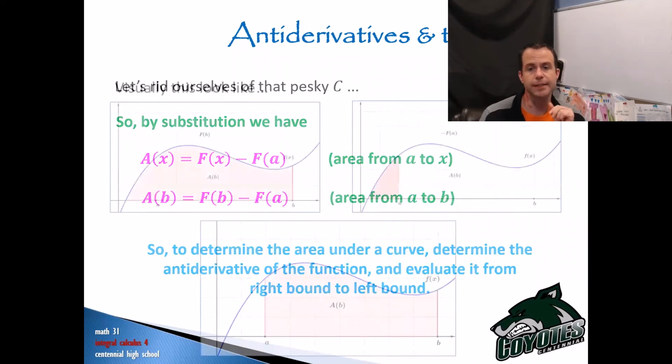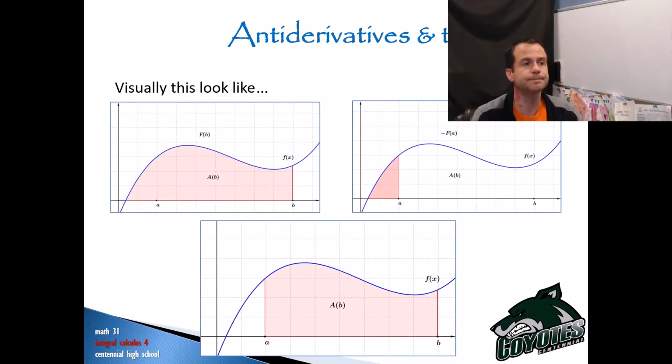Now, what does that look like? Well, visually, it essentially looks like this. Remember that the area we're looking for is the area underneath the curve and above the x-axis. So f of b, the area there, would be underneath the curve and above the x-axis all the way up to where b is.